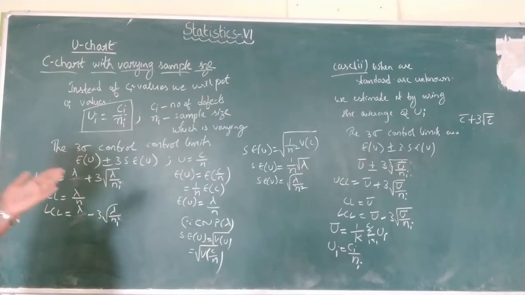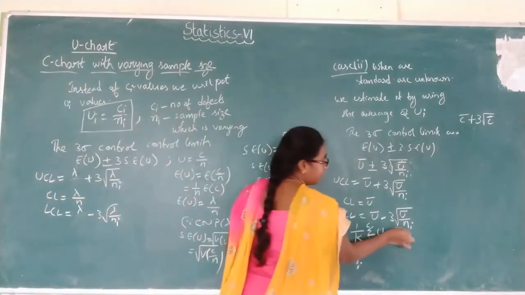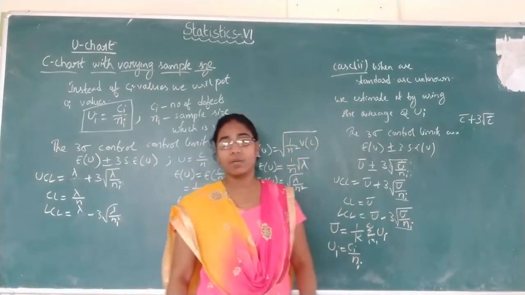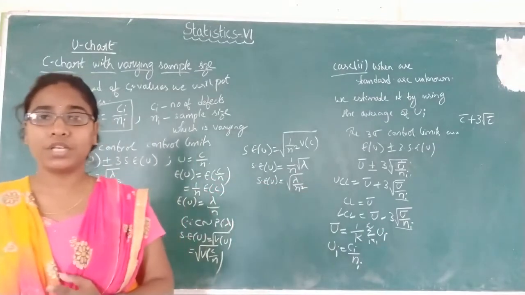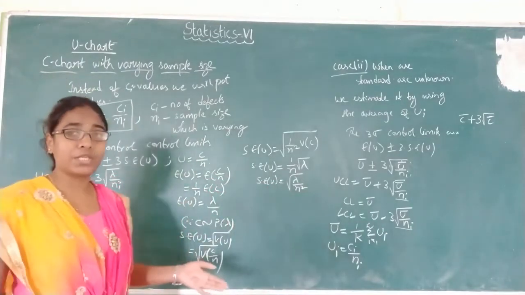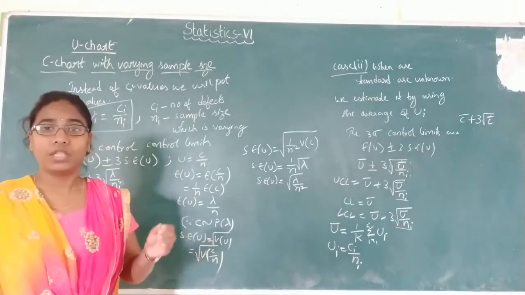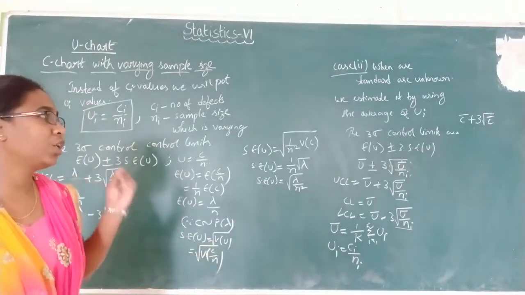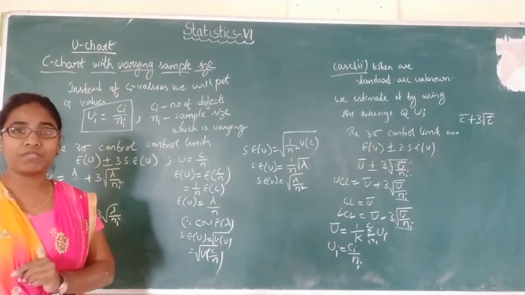Only in the UCL and LCL values do you have ni values, so for every sample you will get one UCL. If you have 10 samples, you will get 10 UCLs. Those UCLs will be plotted by joining the lines, and you will get the overall UCL for the U chart.